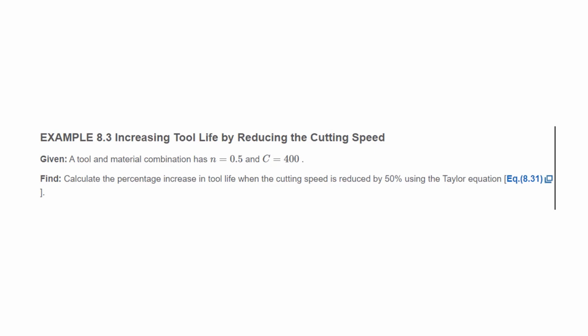You understand? So what is the increase? The increase is T2 minus T1 divided by the original T1. Based on here, T2 equals 4 times T1, minus T1, so this gives me 3 T1. That means the tool life increased by 300%.